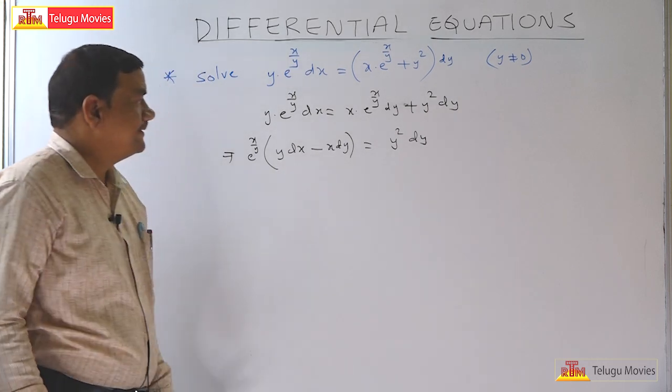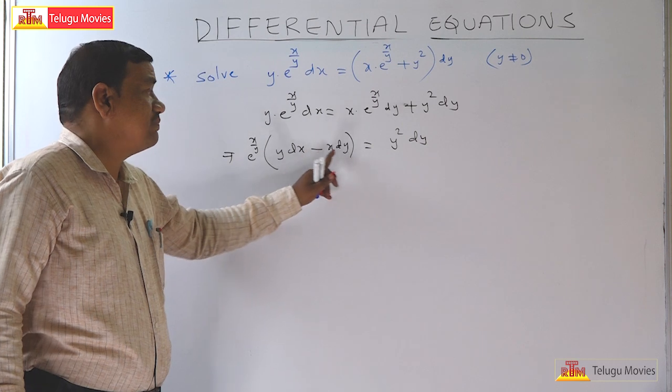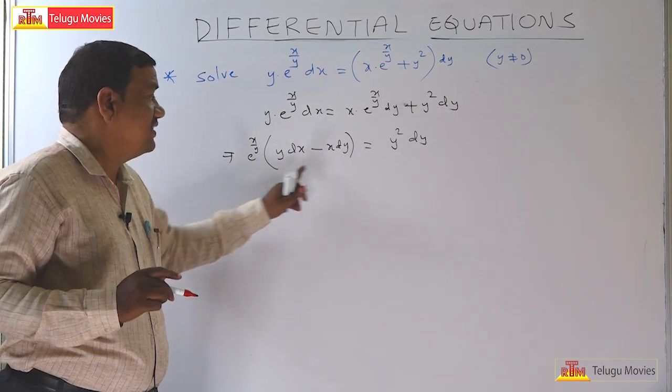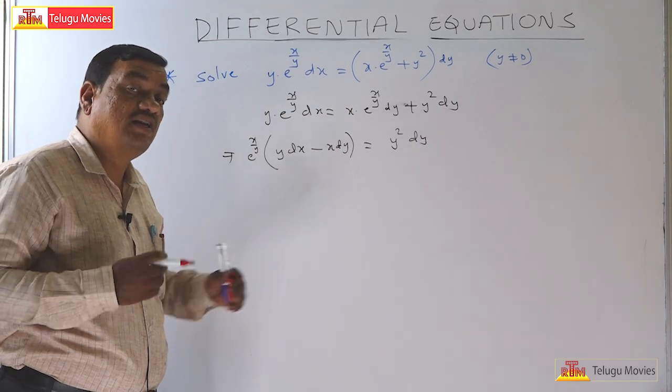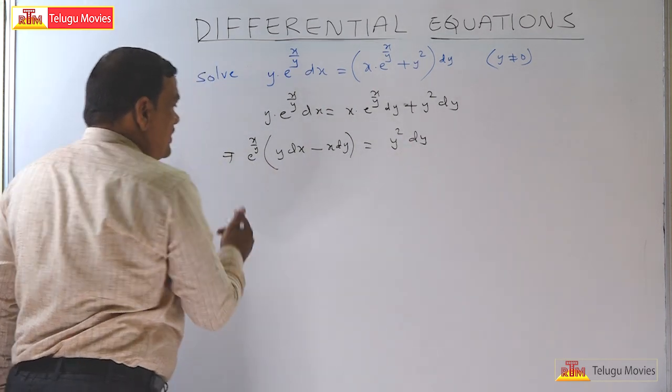Very nice. y dx minus x dy. So that means you should have something in the denominator. If it is in the denominator, then you can apply the quotient rule. Take that y square to this side.